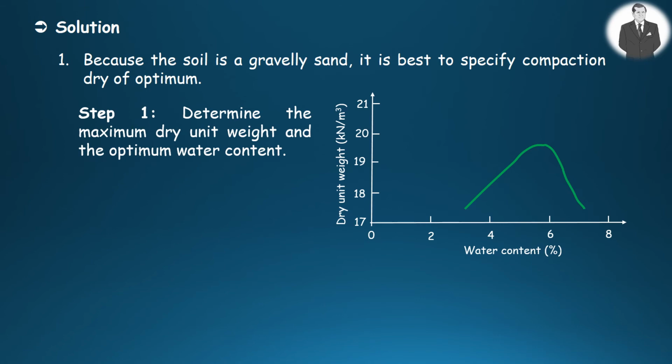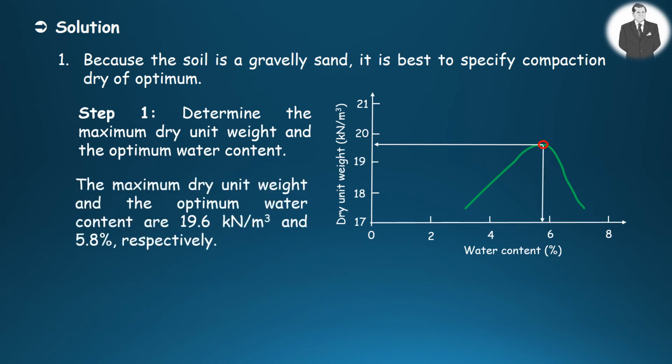Since the Proctor test results are given as a compaction curve as seen in the figure, the maximum point of the bell-shaped curve will give us the maximum dry unit weight and the corresponding optimum water content. They are 19.6 kilonewton per cubic meter and 5.8% respectively.